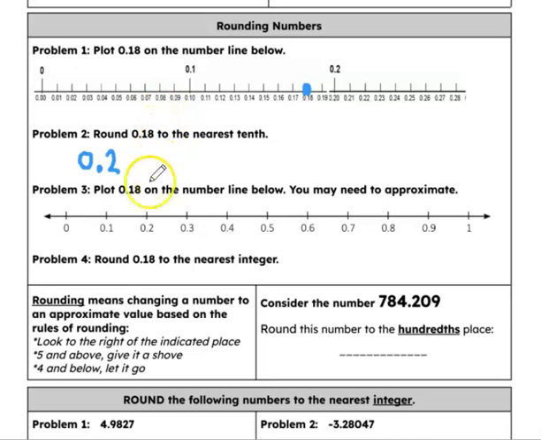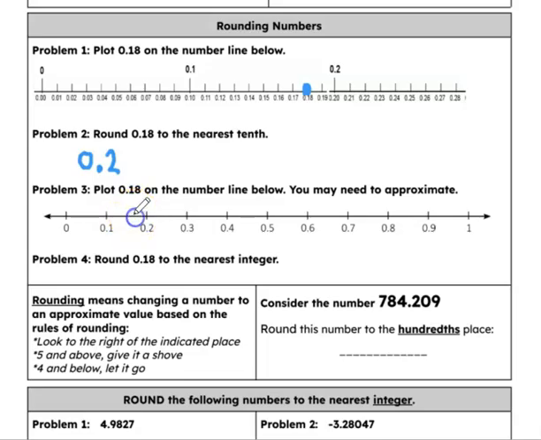So problem 3, the scale's a little different. You see 0.1 to 0.2 is kind of further apart from each other here, but the gaps here are much closer. So 0.18 is in between 0.1 and 0.2. So when they say the word approximate, we can't get it exactly. We have to do our best job to approximate or to guess where it is.